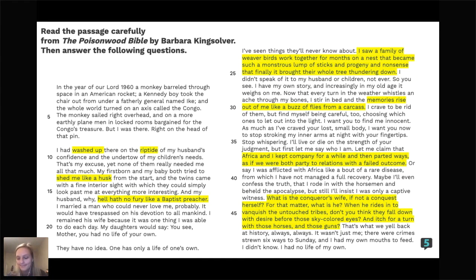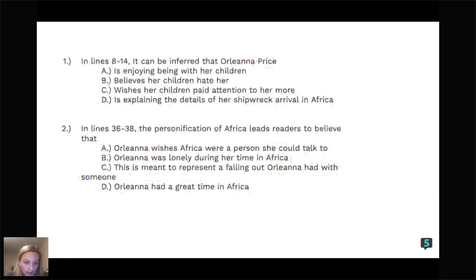So in lines 8 to 14, it can be inferred that Orleana Price, A, is enjoying being with her children, B, believes her children hate her, C, wishes her children paid attention to her more, and D, is explaining the details of her shipwreck arrival in Africa.